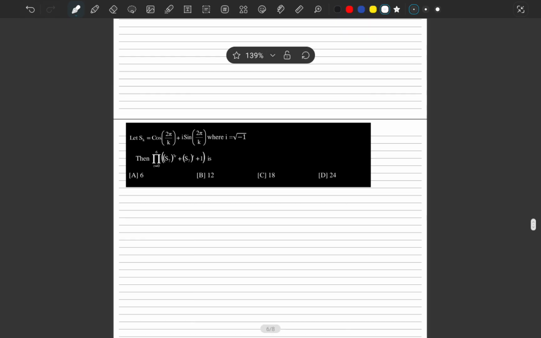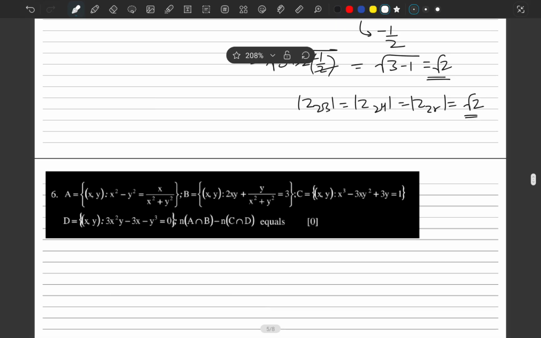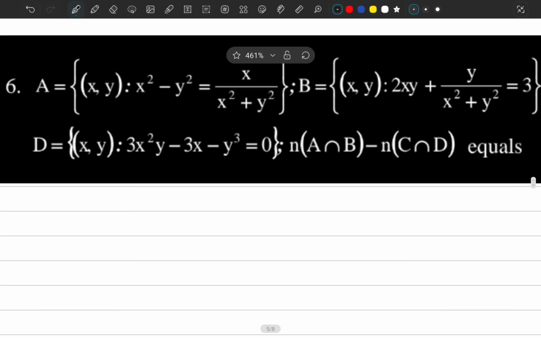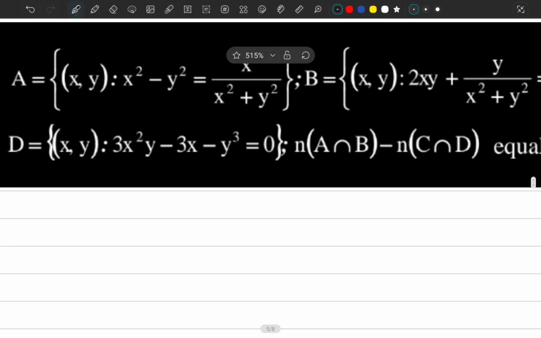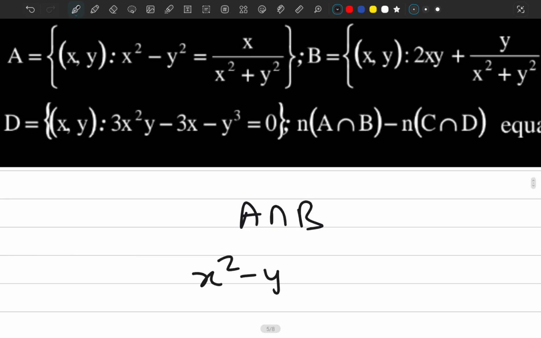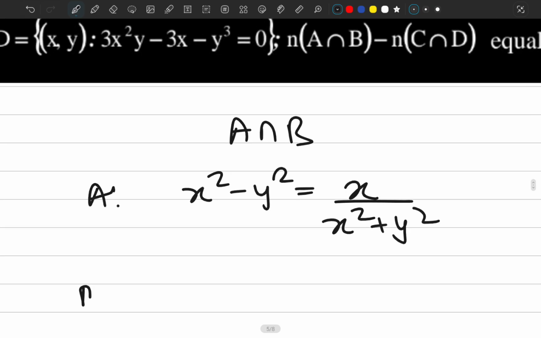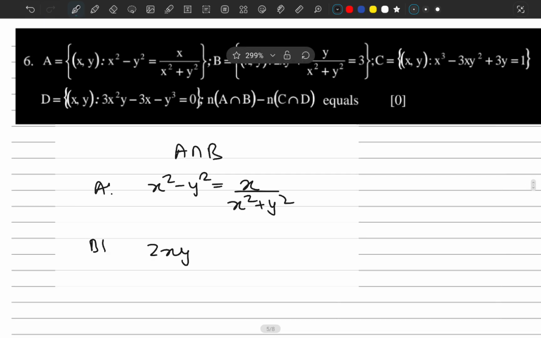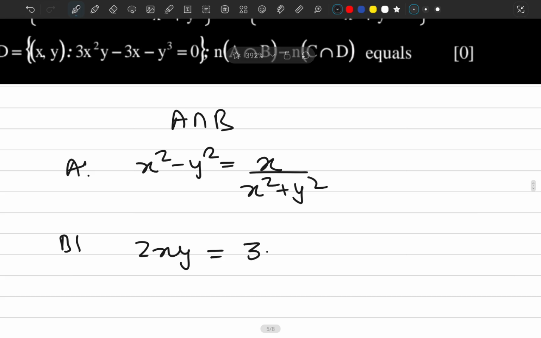Now let us see more problems. Okay, so first, let us work on A intersection B. We see here x square plus y, that is for A, and for B, it is 2x equals 3 minus y, x square plus y square.